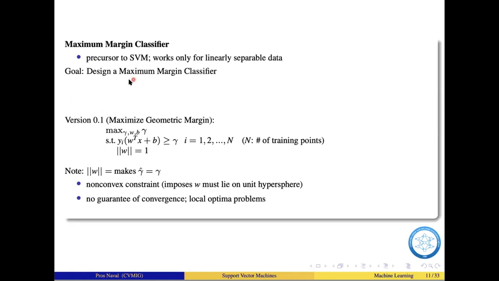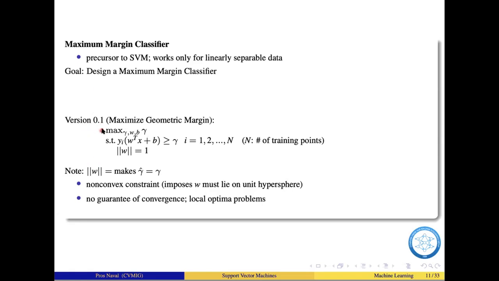So for now, what we want is to design a maximum margin classifier using the ideas that we have described earlier, the ideas of the functional margin and the geometric margin. Let's have the first version, or the alpha version, like software. Let's just test whether it will work.